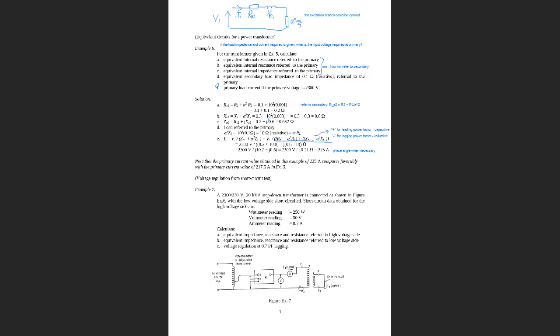So the readings here: 1, the current input to the coil, 2, the voltage input, and 3, the power input to the circuit. Generally, the current in short circuit tests is the rating current. The voltage is a small portion of the rating.